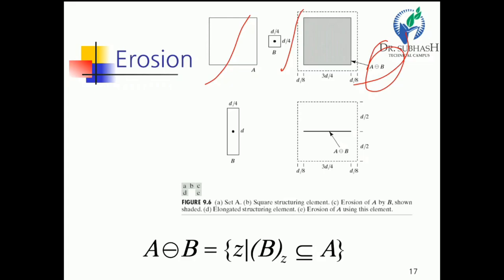Along the structuring element, eroding A using this element, the result will be smaller. We get the erosion as that shaded area. So the function is A erosion B equals the set of Z where B translated by Z is a subset of A.